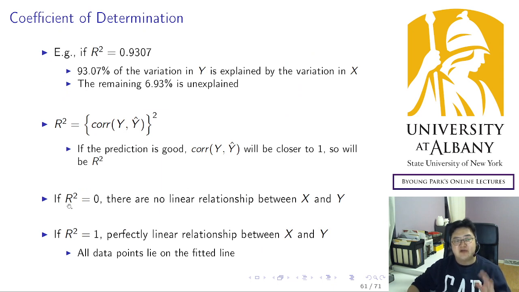And if the R squared is 0, that means there is no linear relationship. Correlation coefficient is 0, no linear relationship. The trend line is flat or vertical. And if the R square is 1, which is really impossible in practice, it is a perfectly linear relationship, like you saw in an earlier slide, all the dots have to be aligned in a perfect straight line, which is impossible.